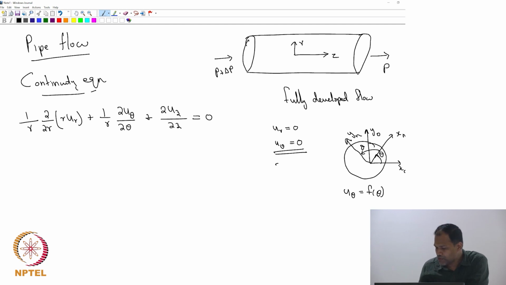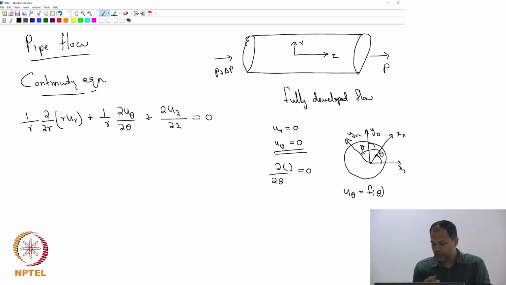We will also assume that del by del theta of anything is equal to 0. What is meant by that? As I go in the theta direction, I am assuming that there is nothing that is changing. Imagine you have an exactly circular pipe. So why should any point be different from any other point? That's the idea.